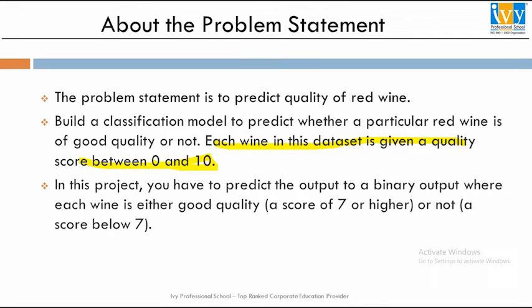In this project you have to predict a binary output where each wine is either good quality, where the norm followed is that a score of 7 or higher means good quality, or not, that is bad quality, which is a score of below 7. So the first thing you should keep in mind while executing machine learning is the business objective and any norm which has been followed to satisfy the predictive objective.